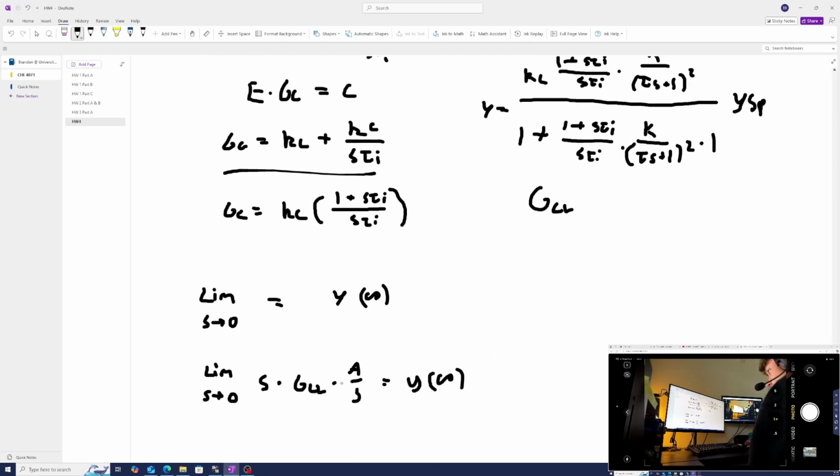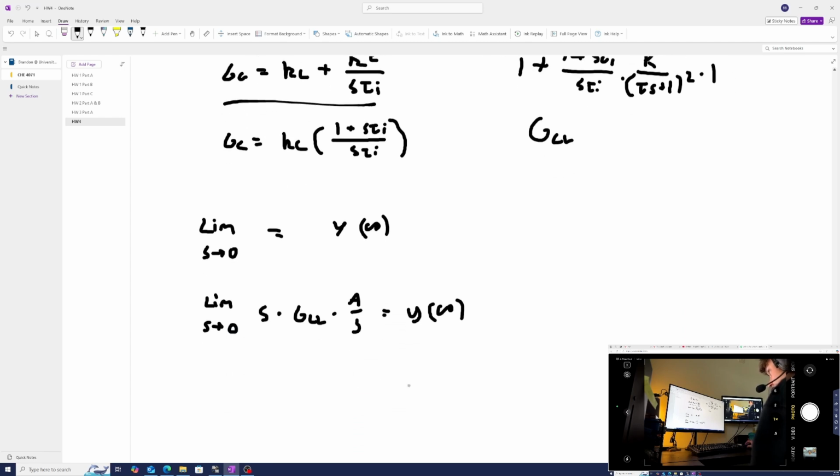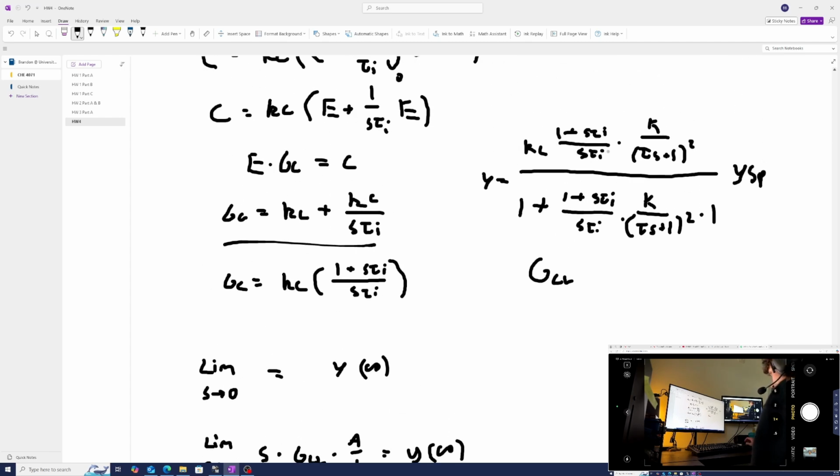So now we need to evaluate our GCL as our S approaches 0. For our tau S plus 1s here, these are going to become 0, giving us times K, times K. This 1 stays 1, gets cancelled out. So what we end up with is, these S's here will become 0, and these S's here will become 0, but these need to stay because that will create a situation in which we are going to infinity.